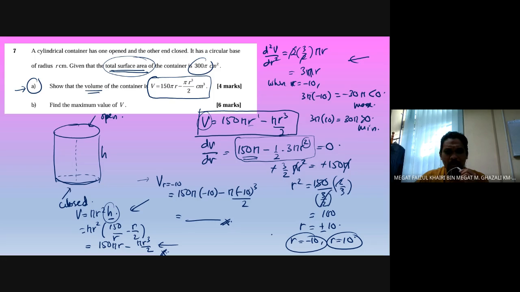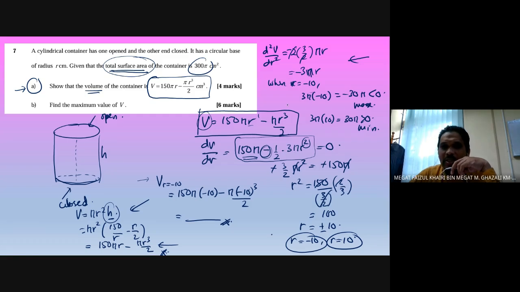Class, wait. Did I do this correctly? Because I forgot about this negative here. It's supposedly negative and negative. Class, I did not see this one. dV/dr equal to 150 pi minus half, 3 over 2, 3 over 2 pi r squared.